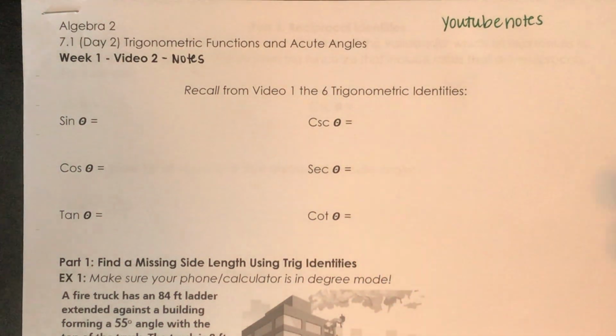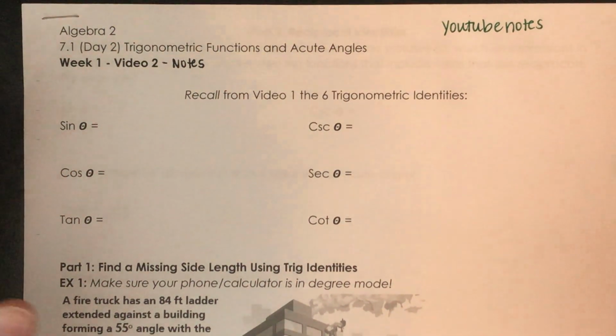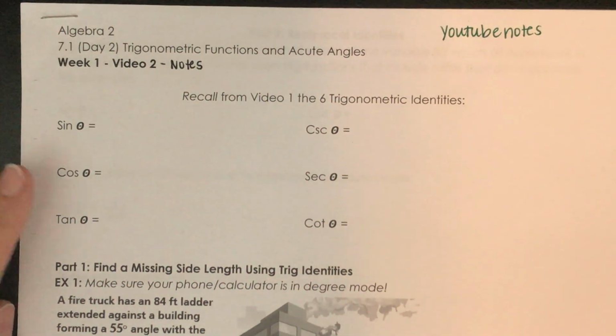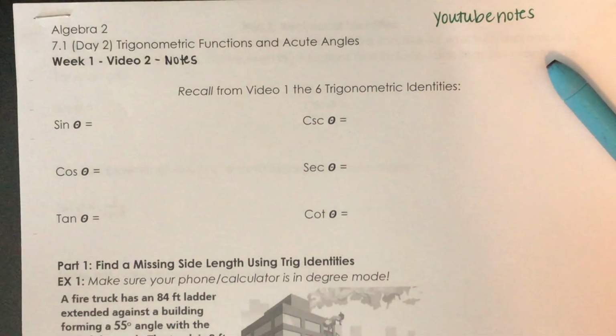If you have a printer at home, you can print them off and follow along with me that way, if that makes it a little bit easier for you. If not, and you prefer to just do it on lined paper, that's also okay. That option is there for you.